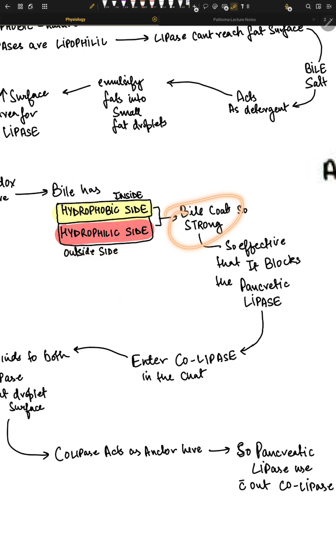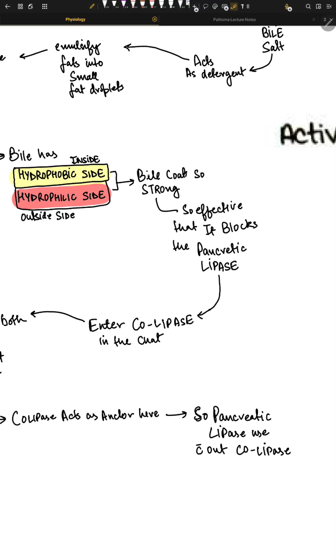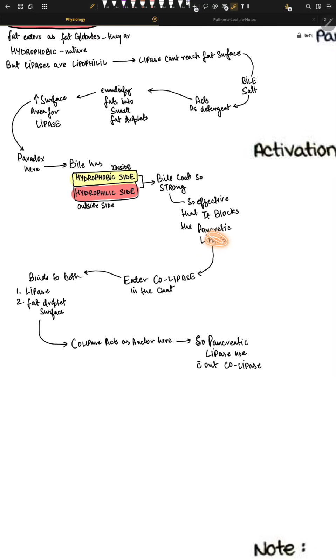Bile coats so effectively that it blocks the pancreatic lipase. And we know that pancreatic lipase is a fat lover. So this pancreatic lipase cannot love these fat globules.